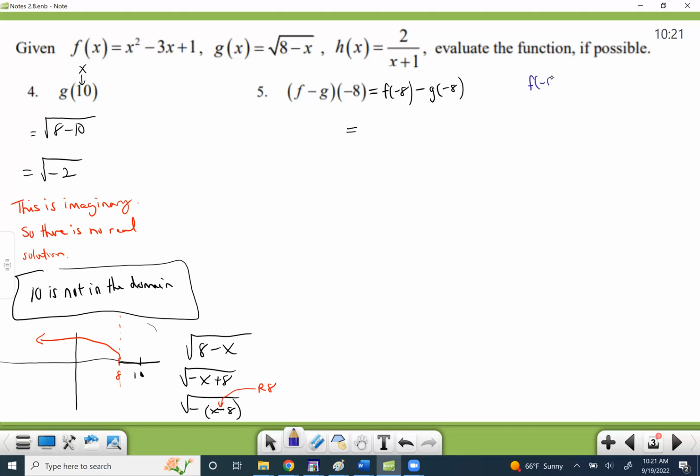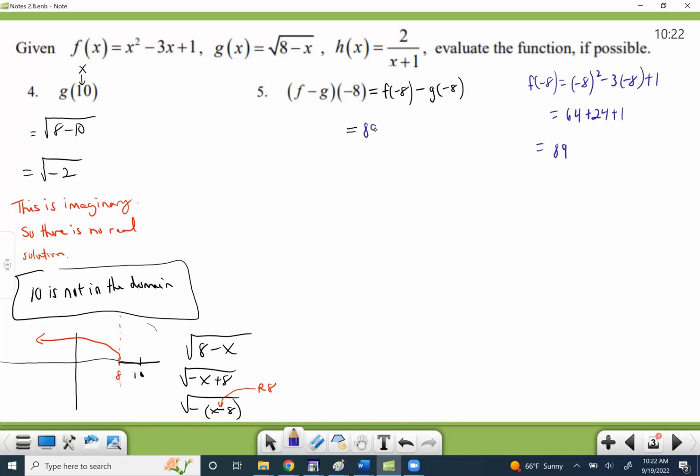So to find f of negative 8, we know we have to substitute in negative 8 into the function f. All right, negative 8 times negative 8 is 64. Negative times a negative is a positive. 3 times 8 is 24. If we add this all up, it looks like we're going to get 89.